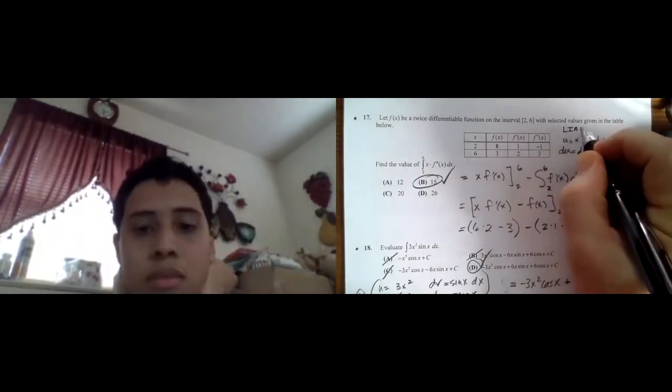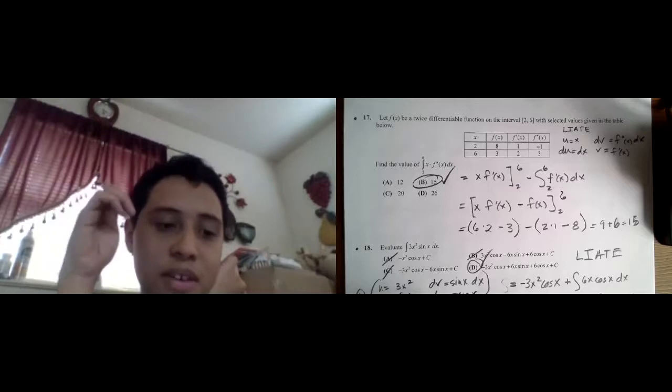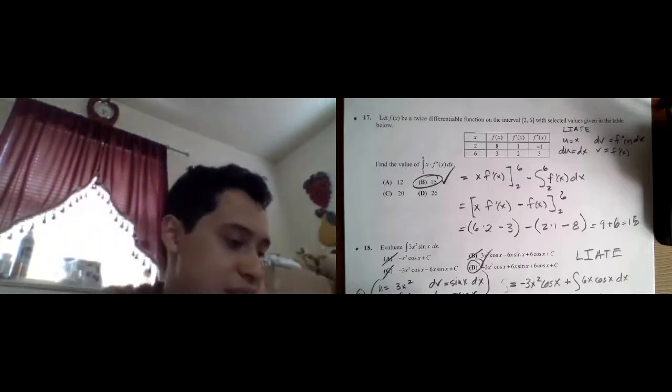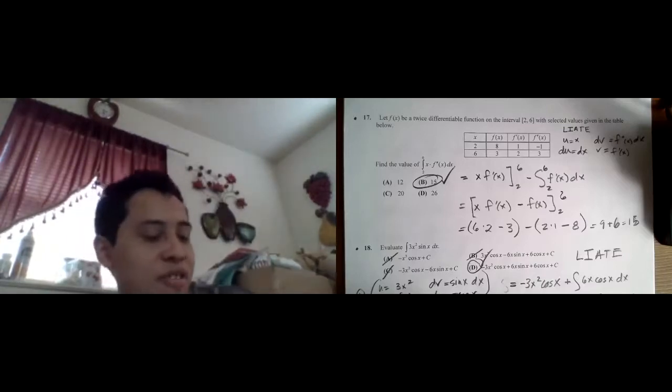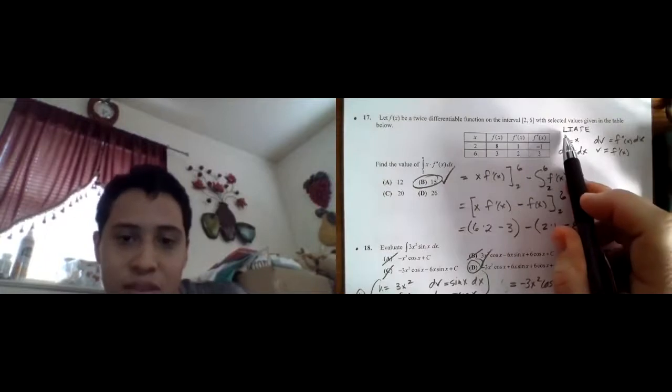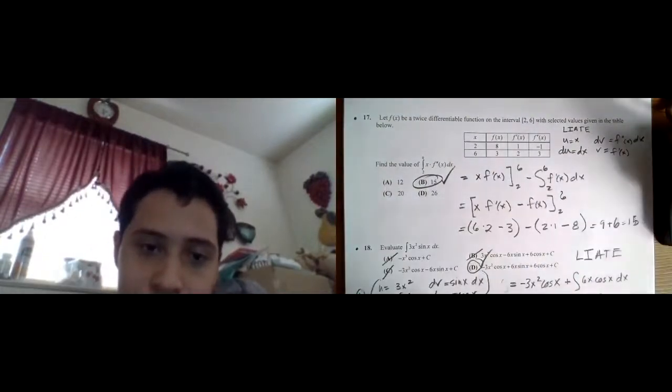Are you familiar with the acronym LIATE? Yeah, it's logarithm, inverse. What was A again? Algebraic. Algebraic, yes, and then trigonometric, and then exponential. Okay. So what does that acronym help you do?